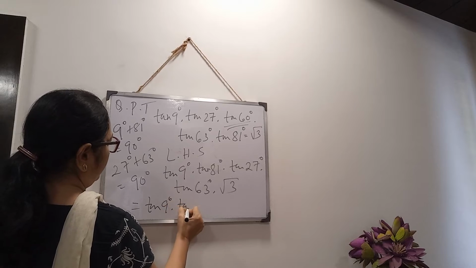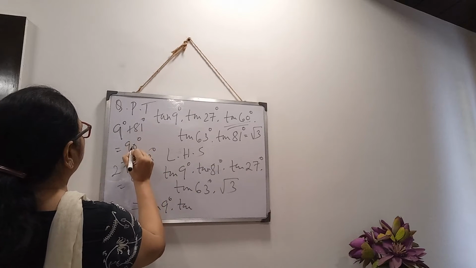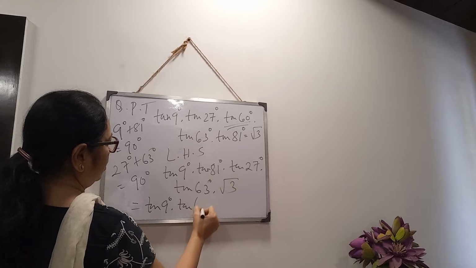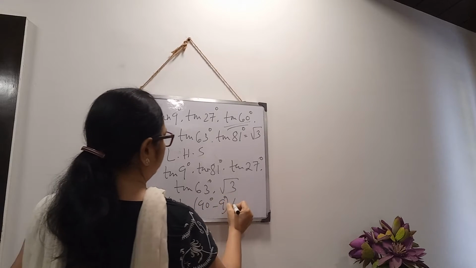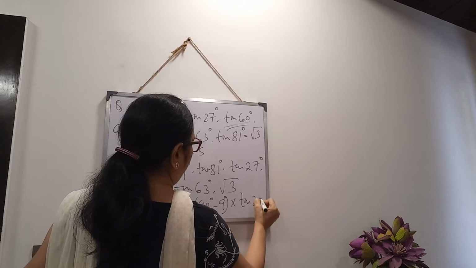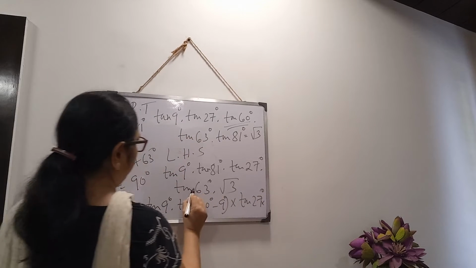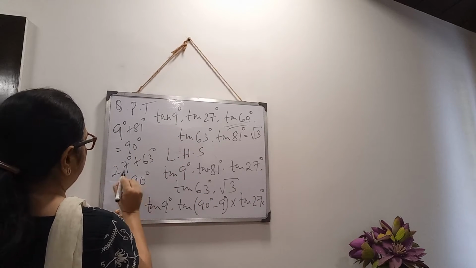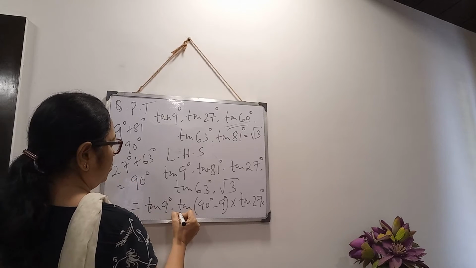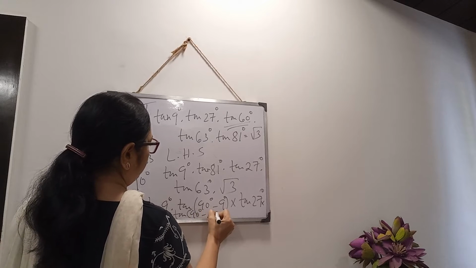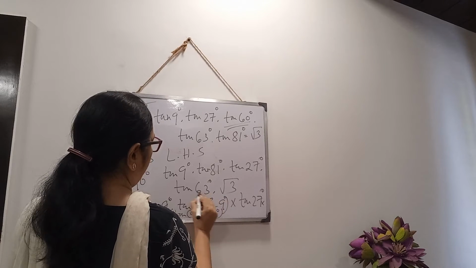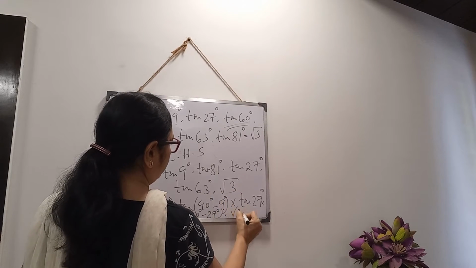So tan 81 we can write as tan of 90 degree minus 9 degree. Here also tan 27 degree, and 63 means 90 minus 27, so tan of 90 minus 27, and this value root over 3.